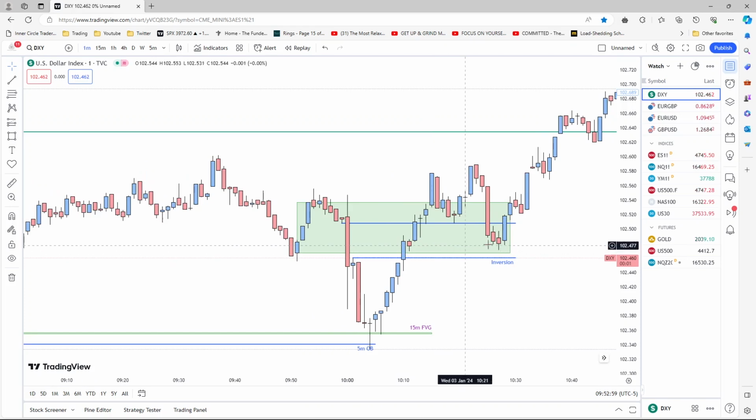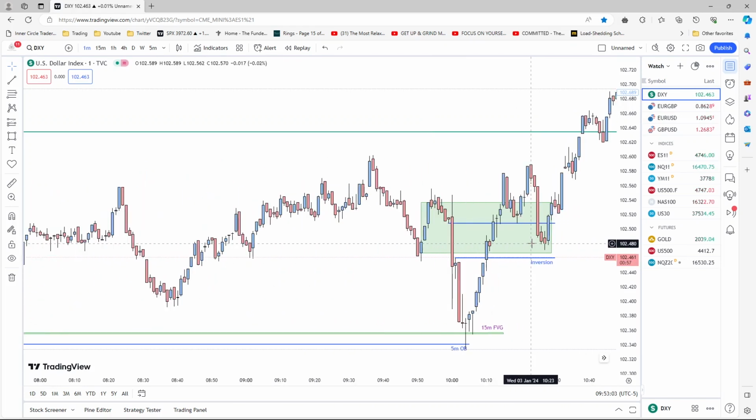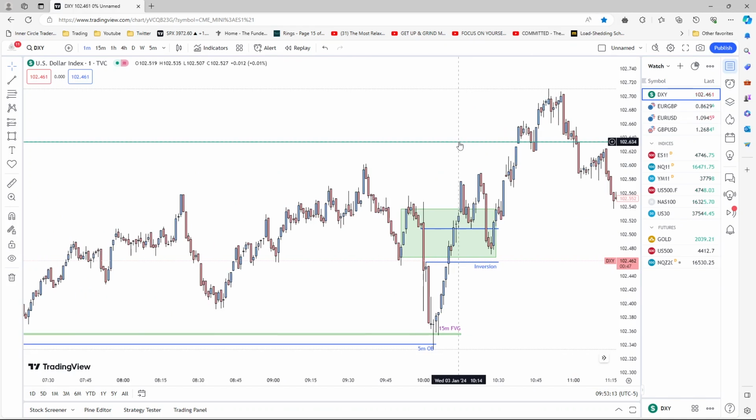From there on, we trade above those daily equal highs as well as into the weekly fair value gap low and above all these highs.